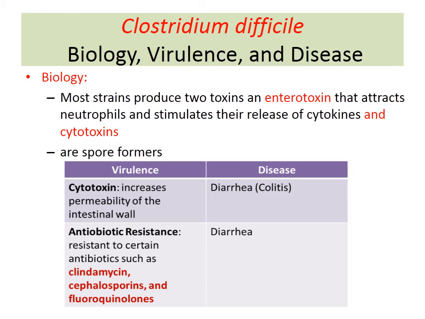it secretes enterotoxin. So when it secretes enterotoxin, what do you make of this, that this particular enterotoxin is going to attract neutrophils? Neutrophils are good phagocytes, they can take in bacteria, right? But why are they calling in neutrophils? Is it an advantage for the bacteria or an advantage to us?